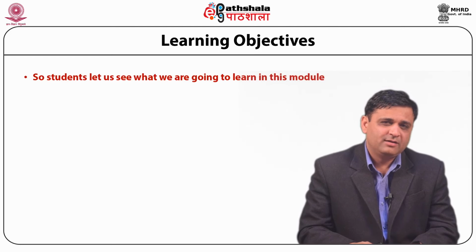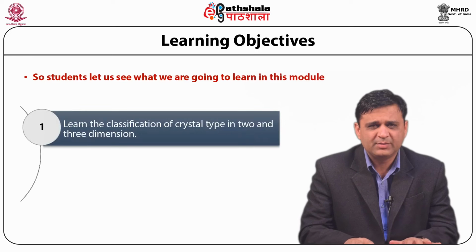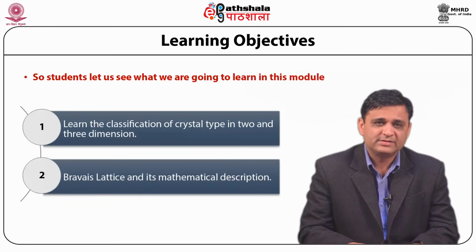We have already defined Bravais lattices and classified materials into amorphous and crystalline. Now we will differentiate between 2-dimension and 3-dimension types of crystals, and learn more about Bravais lattice.